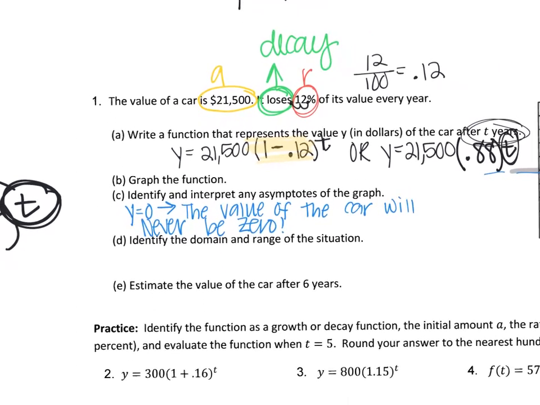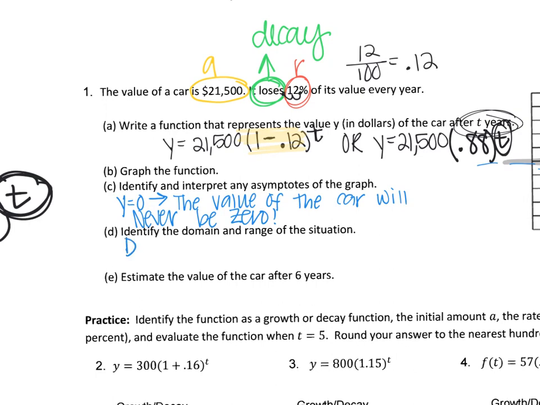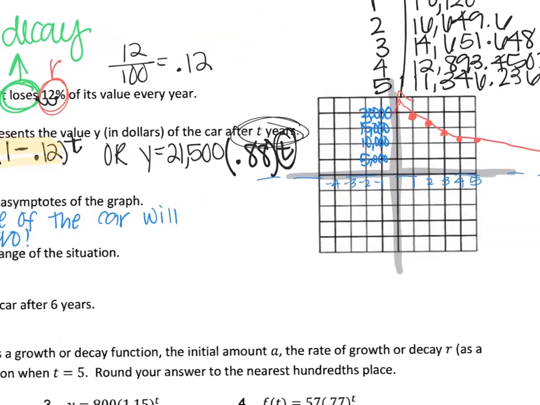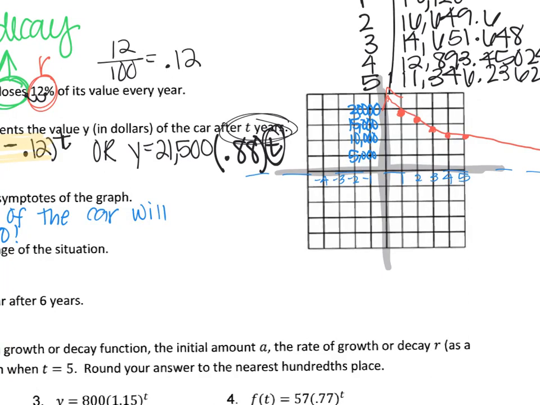It also wants us to identify the domain and range of the function. So, domain, range. And remember Dollar, the robot. Domain is left to right. So if I look on my graph, can I draw a line of how far left it goes? With real life scenarios, our x-axis is representing time in years.